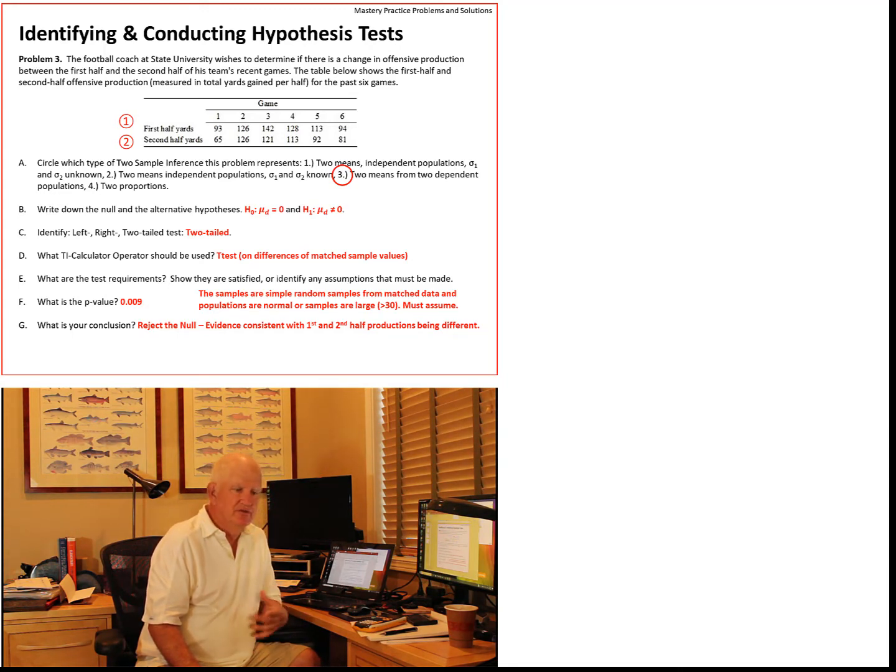Once we have those differences, since we're going to run a t-test on them, that t-test is going to require that we know the mean of those differences and the standard deviation as well. So let me switch modes here and let's run through how we handle this problem on the calculator.